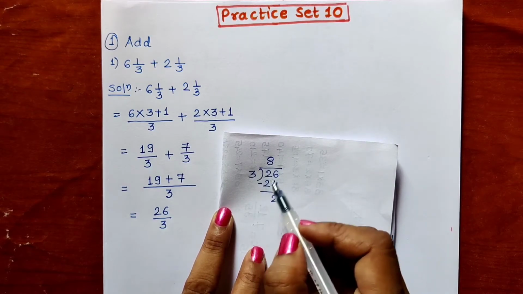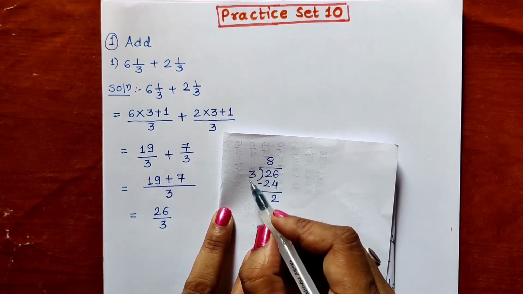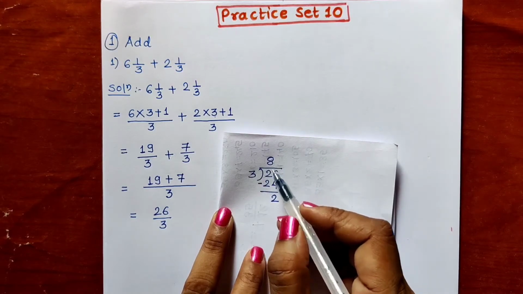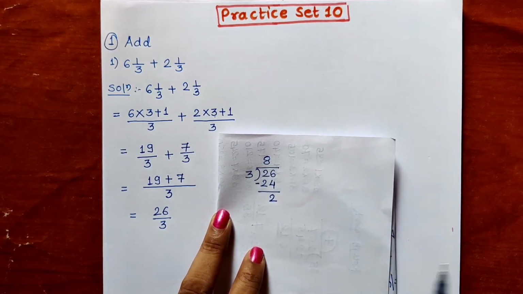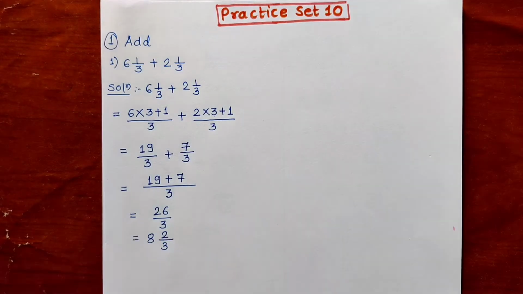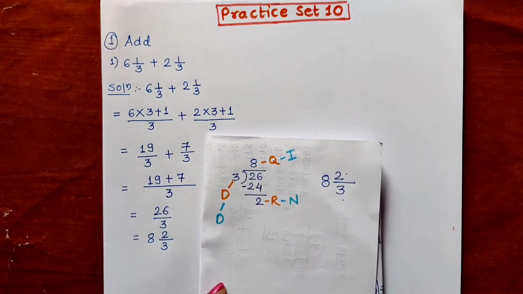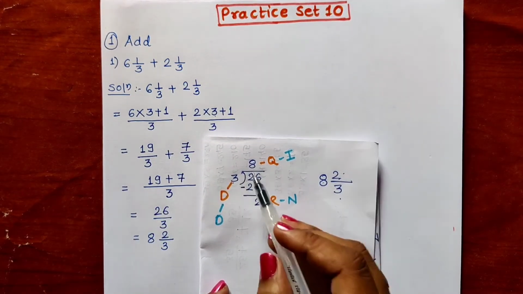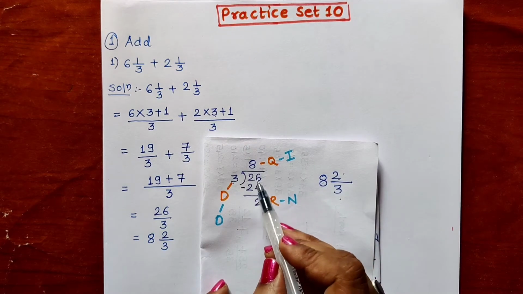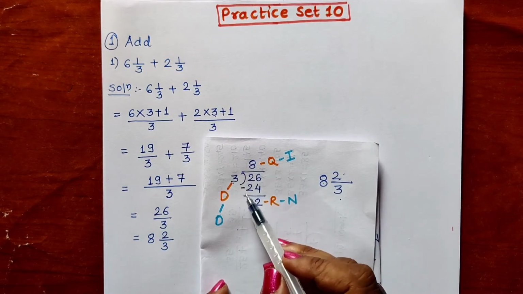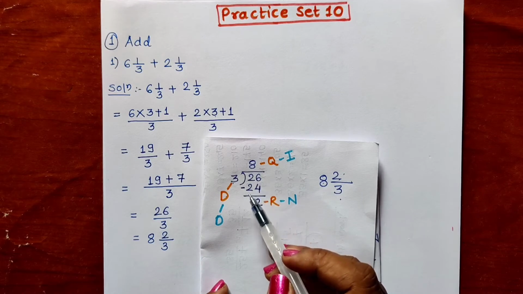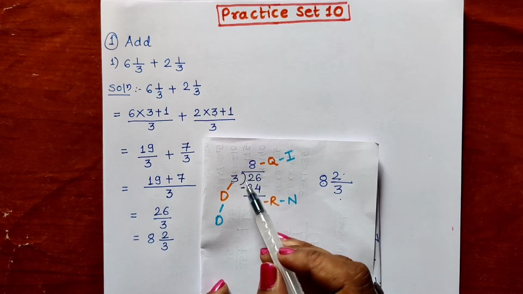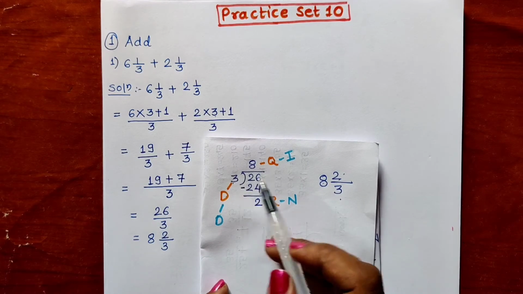Now how to convert it into a mixed fraction? The quotient should be written as the integer. Okay, I will show you here. So children, see here. I have done the division here: 26 divided by 3. 26 is smaller than 27, so we cannot write 3 9s are 27.